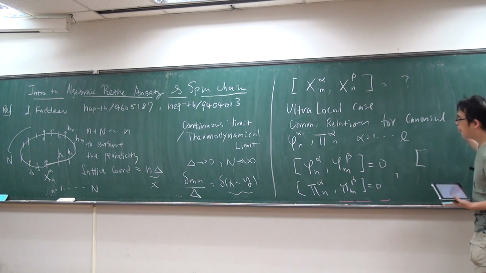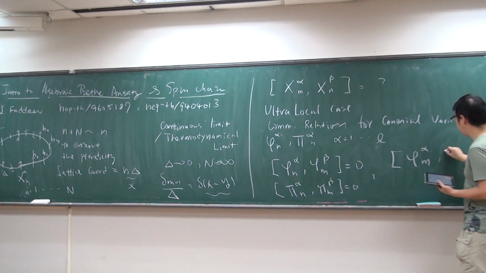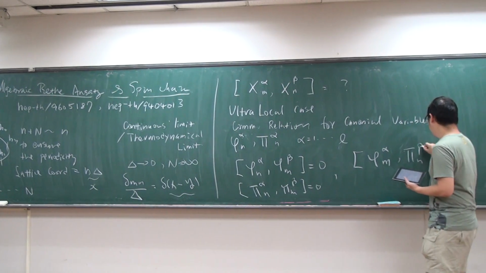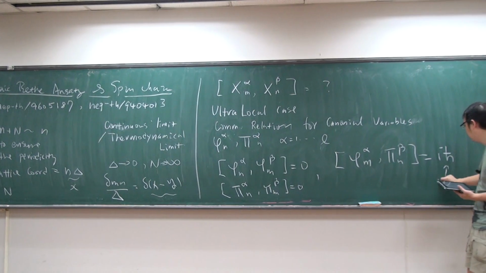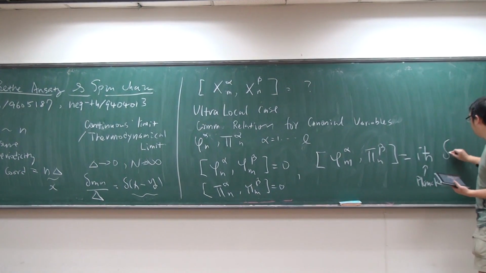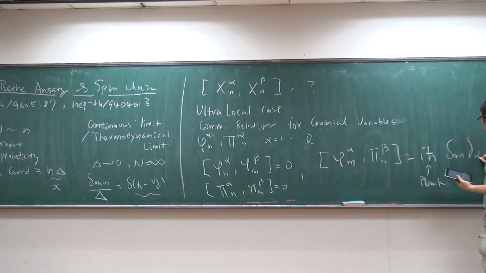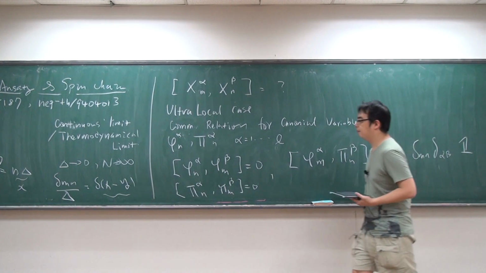on the other hand, h bar, that's the Planck constant, times delta mn, delta alpha beta, and there could be some unit matrices.